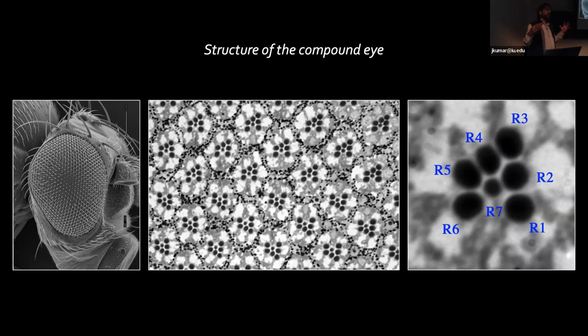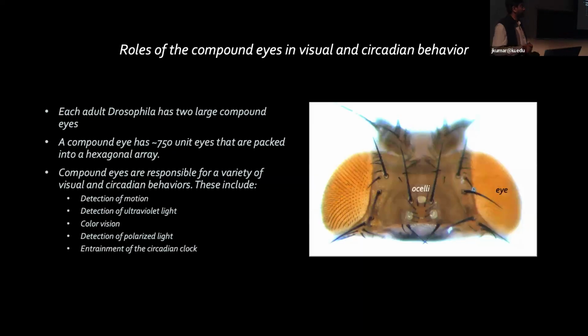In many insects, all the rhabdomeres project into the middle to form one large rhabdome, which is a closed rhabdome formation. Now, if we think about what the compound eyes are responsible for, their main thing is to detect motion. They can also detect ultraviolet light through some of the inner photoreceptors. They can also detect color vision. That's a lot of work that Claude Desplan has done.